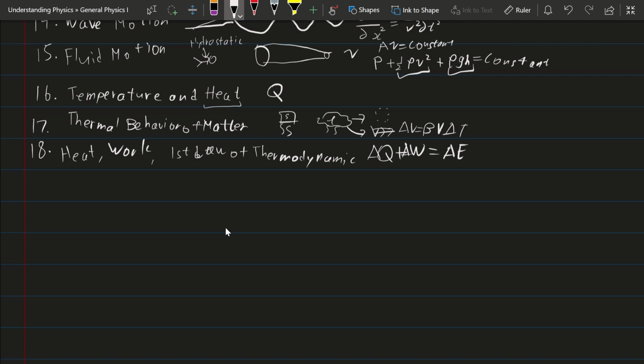And if you set the temperature to be constant, the change of the internal energy will be zero. And this is one part in which an engine works.